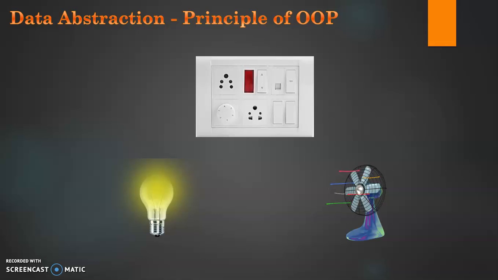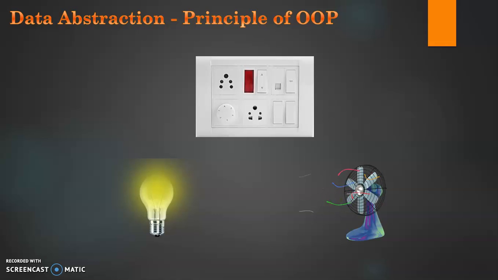Similarly, in the object-oriented programming approach, only the essential information about the data is known to the outside world. The background details or the implementation of code are hidden in order to reduce the complexity.